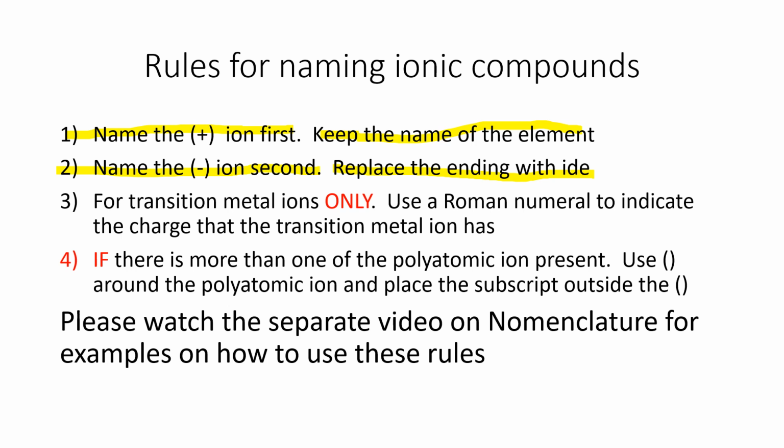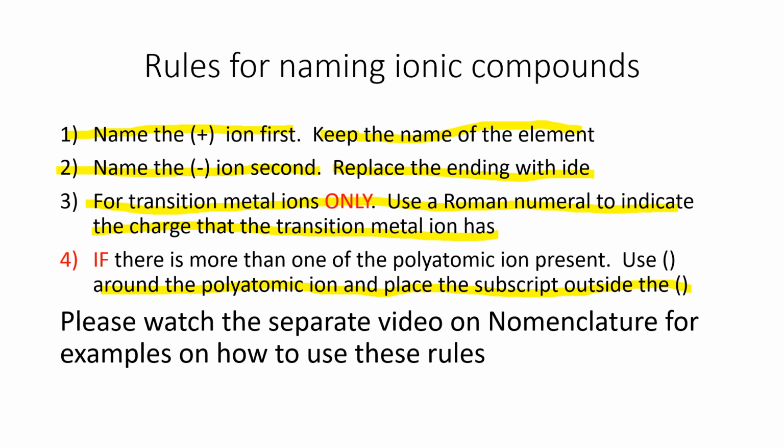The next rule is only going to apply for transition metal ions only. For transition metal ions only, we use a Roman numeral to indicate the charge that the transition metal ion has. The fourth rule is if there's more than one of the polyatomic ions present, we use parentheses around the polyatomic ion and place that subscript outside those parentheses.